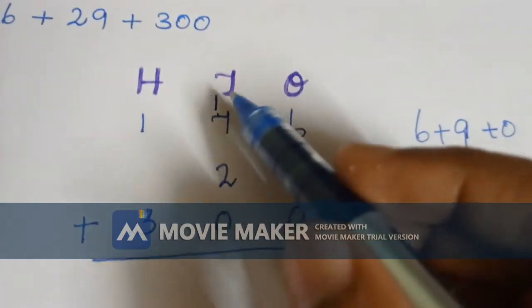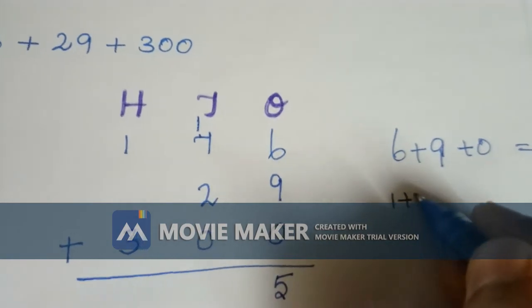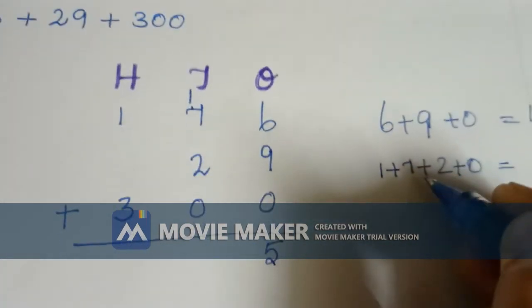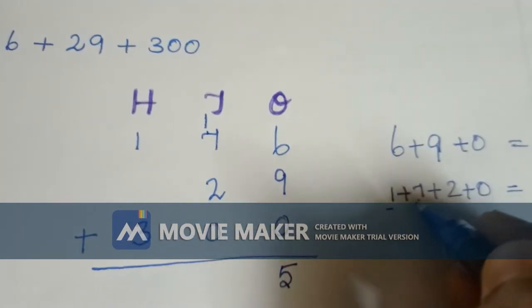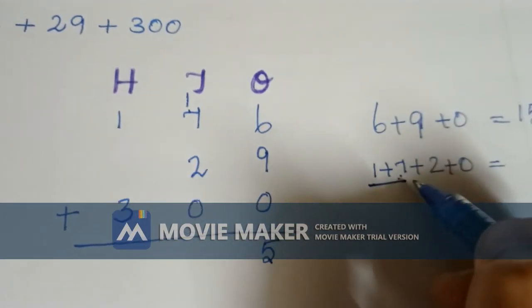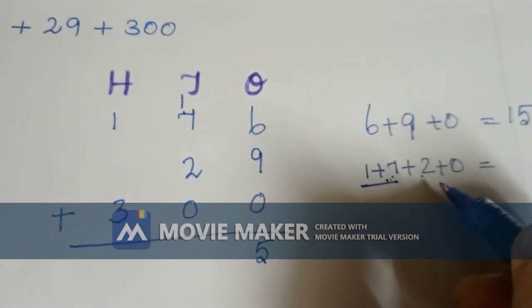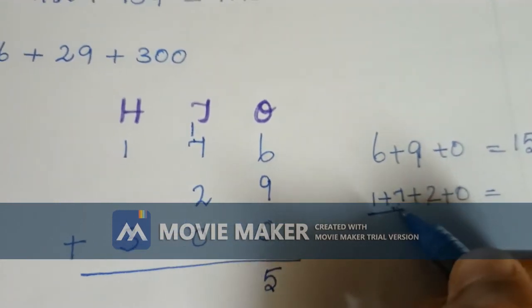Now add the digits in the tens place. That is 1 plus 7 plus 2 plus 0. Here the bigger number is 7 and the smaller number is 1. So 7 and 1 is 8. Keep 8 in mind and take 2 on your fingers. So 8, 9 and 10.